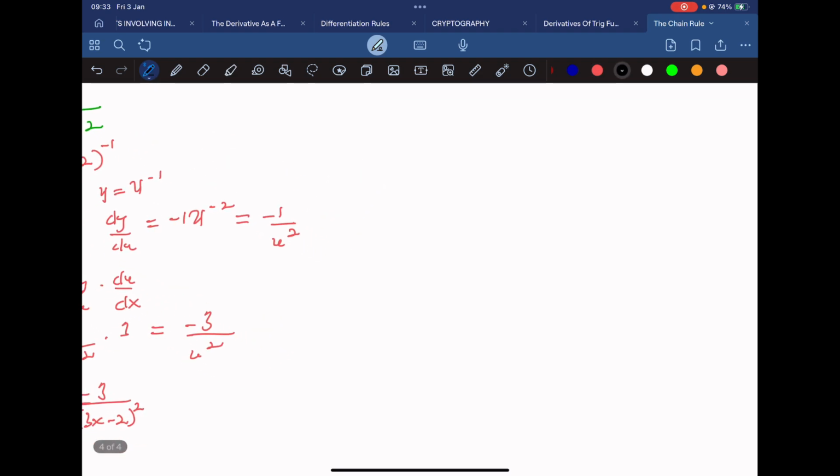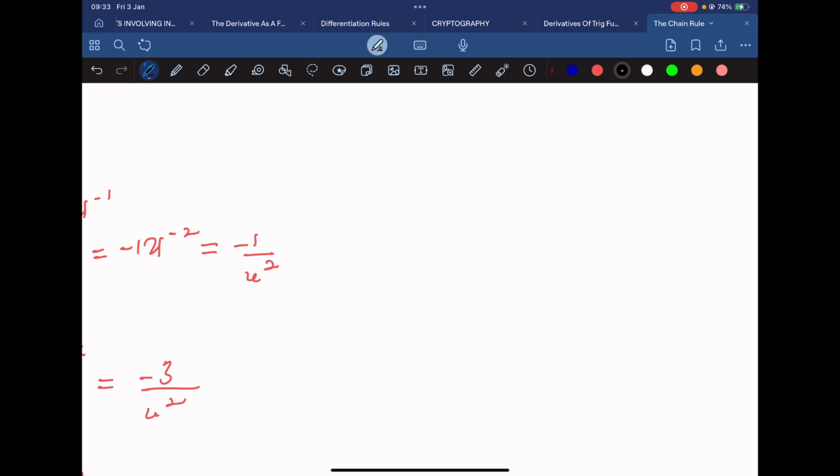Let's look at the sixth question. So for question 6, we have y equal to 5 cosine to the power of negative 4 of x. How do we solve this question? Any idea on how to go about this? So with this question, whenever you have something like this, you can represent your u to be the function that we are considering.